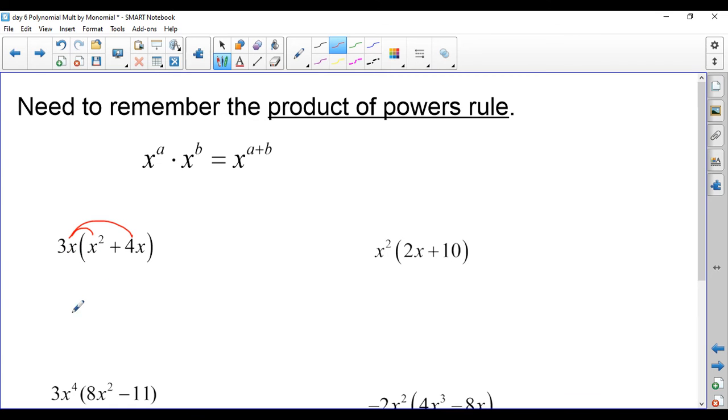When I multiply 3x times x squared, remember this x is x to the first, I get 3x squared first, x to the first times x squared is x to the 1 plus 2, x to the third. Plus, I'm going to multiply 3x times 4x. 3 times 4 is 12, and then I have x to the first times x to the first, which is x to the second.